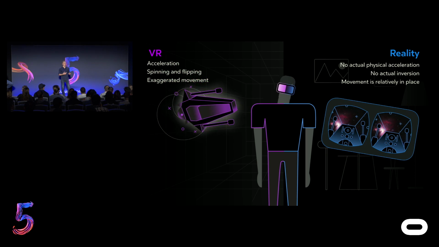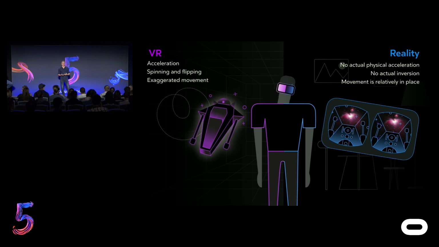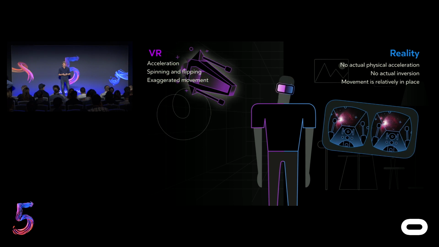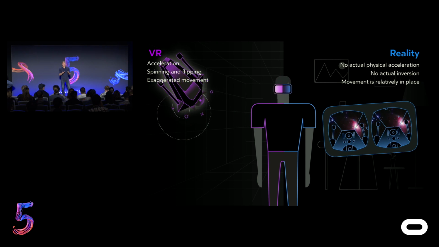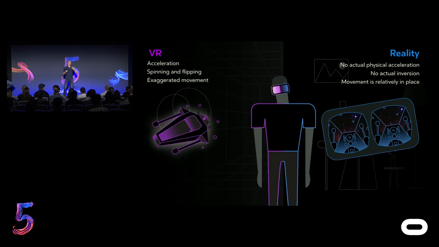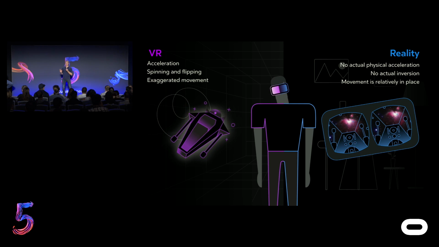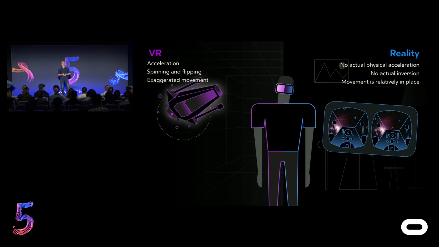So it's that mismatch between what your eyes are seeing and what your ears and your body are feeling that creates the potential discomfort. It's linear accelerations, it's often rotations, particularly horizontal rotations, where you reorientate the player to be pointing towards whatever action is going on in the experience at the time.